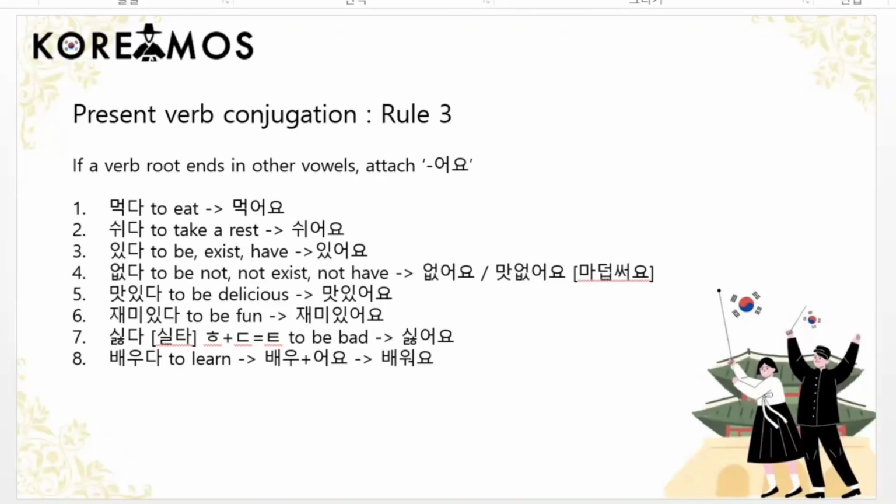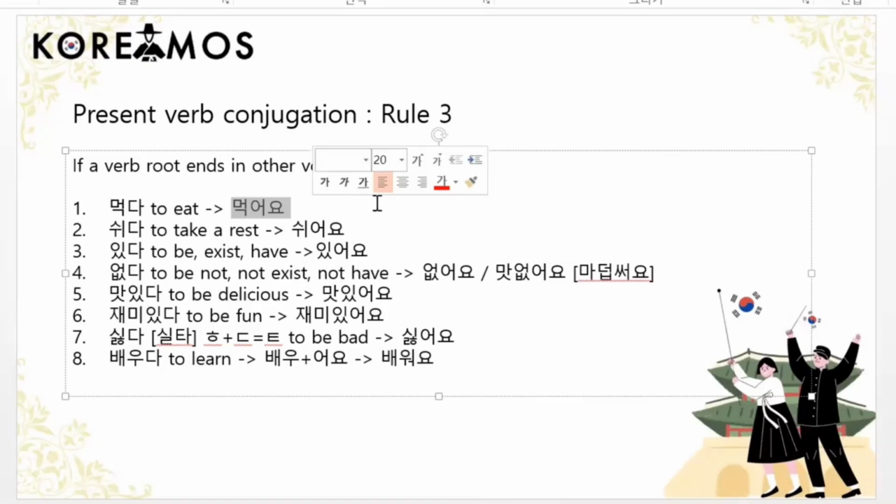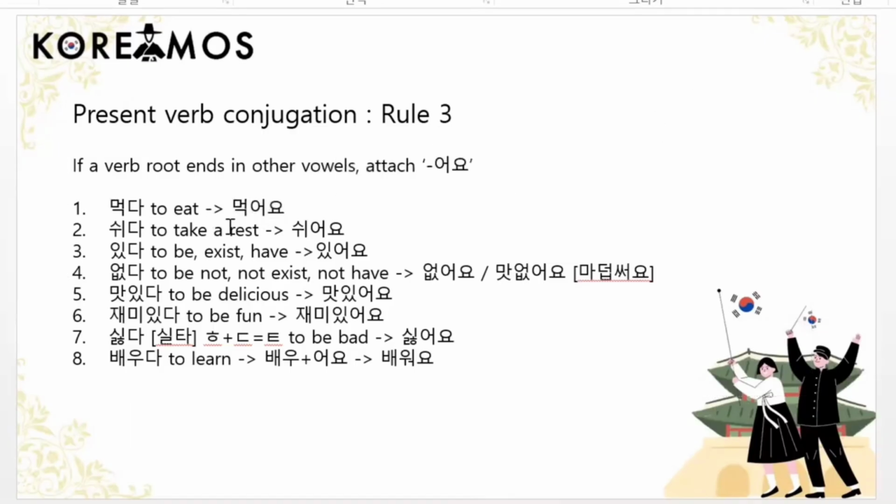In this case, we attach 어요. For instance, the verb 먹다, to eat, and the verb root is 먹. 먹 doesn't end in a nor o. In this case, we attach 어요. So we pronounce 먹어요 because this final consonant carries over.